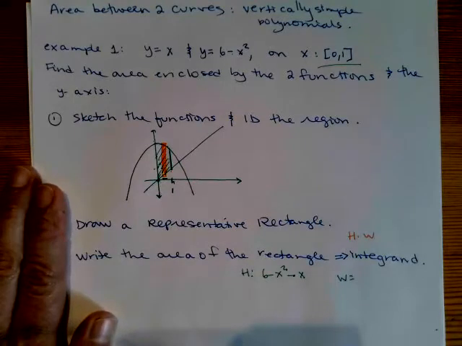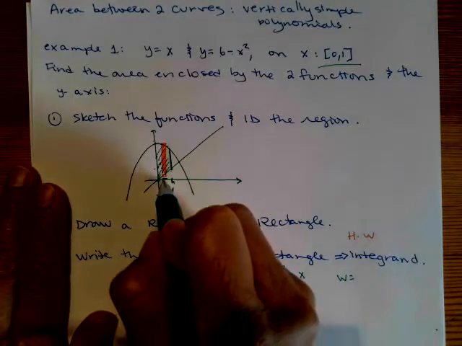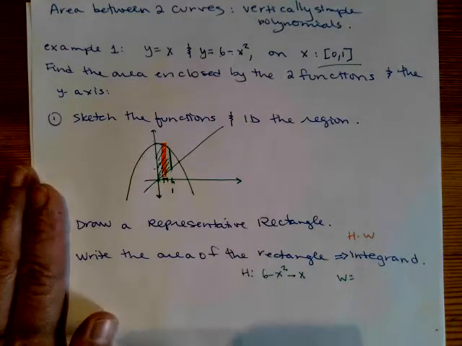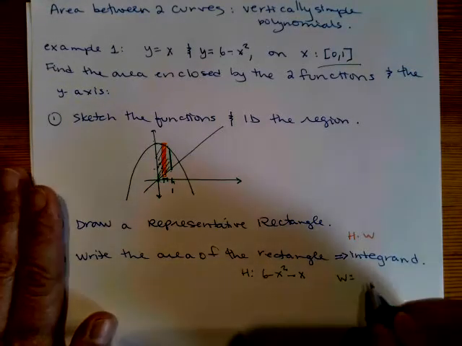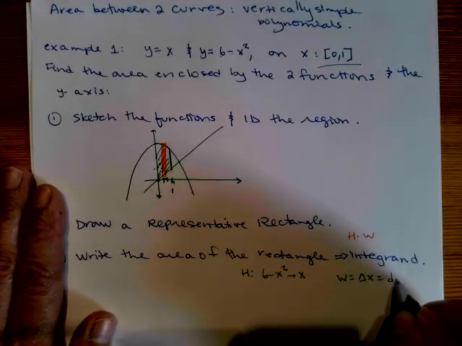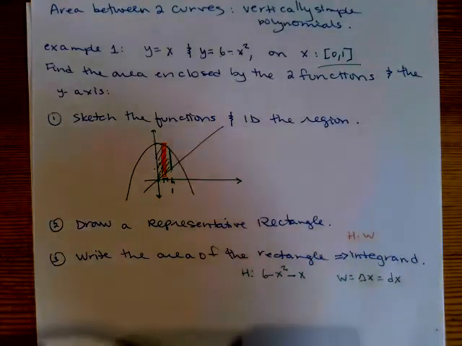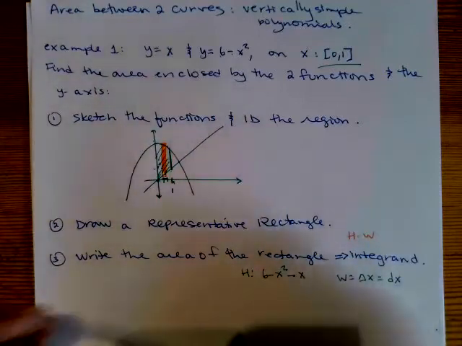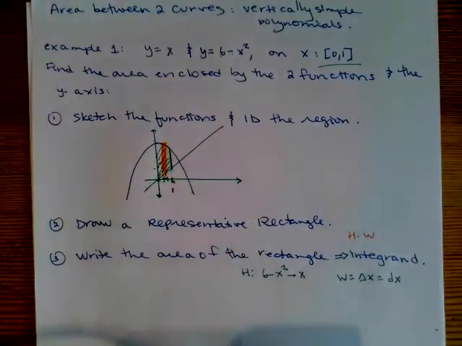So in this case, my short side is a little chunk of x. Think about how you've been doing integrals: sometimes that was a delta x, but we're going to look at the differential dx, because eventually we're not really going to add up rectangles. We're going to take it and squish it and make it an integral.